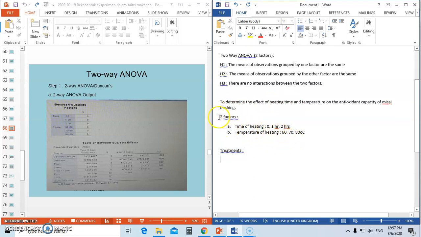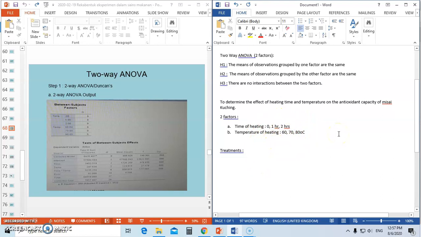Okay, so we have two factors. The first factor is time of heating, the second factor is temperature of heating, and for each factor we have 3 levels: 0, 1, and 2 hours. For temperature we have 60, 70, and 80 degrees C. So the treatments will be a combination of the different levels.